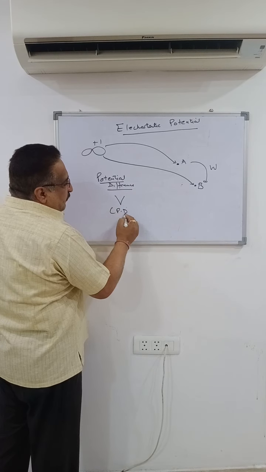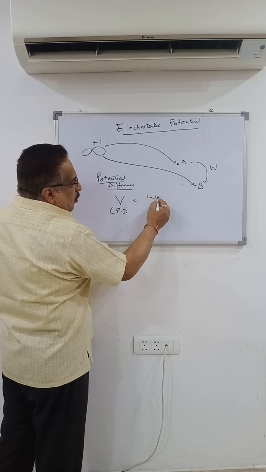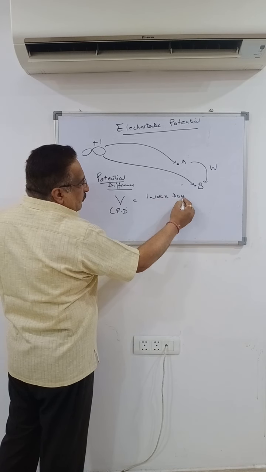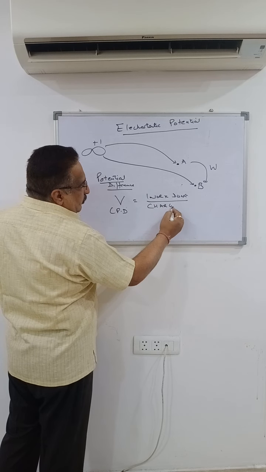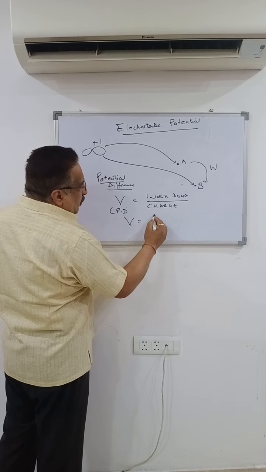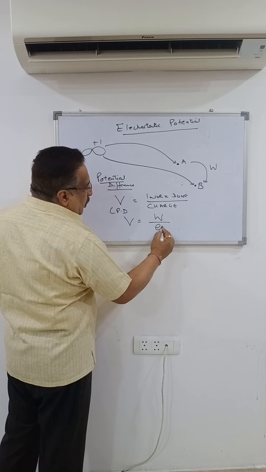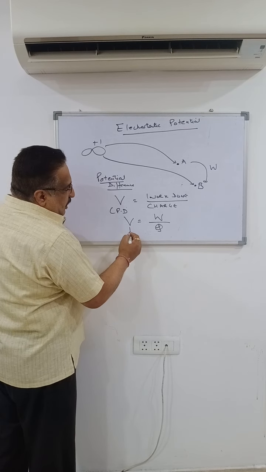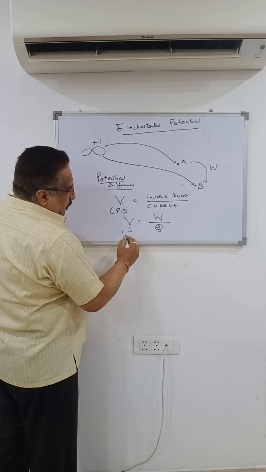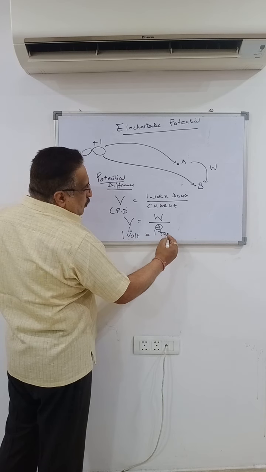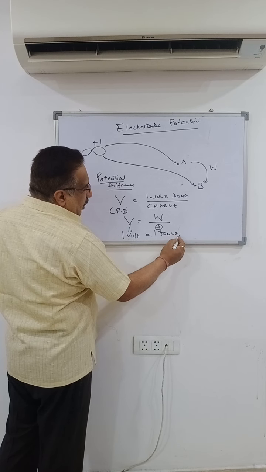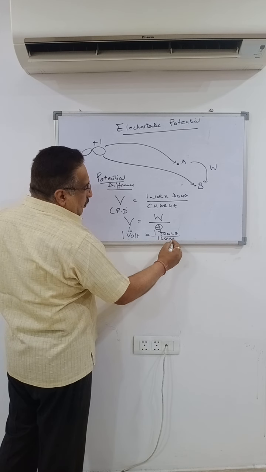Potential difference is equal to work done upon charge, or V is equal to W upon Q. Unit of V, the potential difference, is volt. So 1 volt is equal to 1 joule upon 1 coulomb.